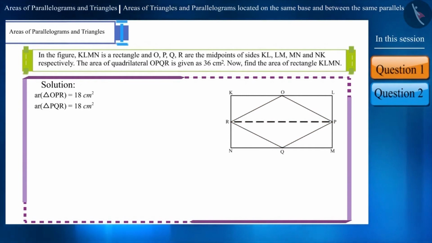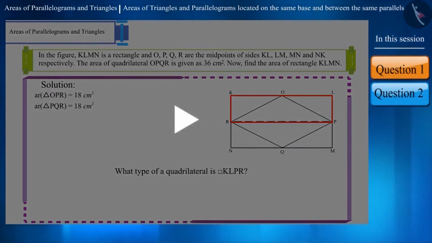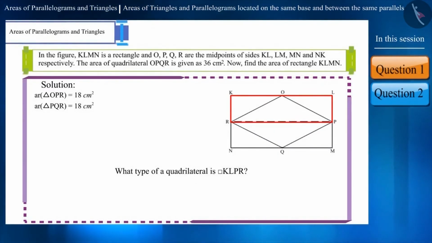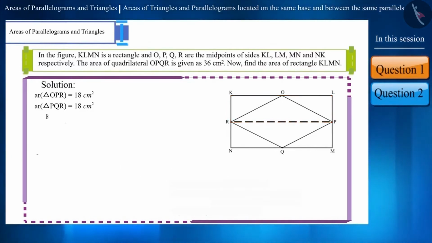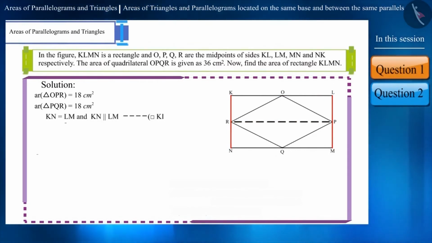Friends, now if we look at quadrilateral KLPR, can you tell what kind of quadrilateral it is? Pause the video and think about it. Friends, this will also be a rectangle, or let's say a parallelogram. It is given that KN is equal to LM and KN is parallel to LM because quadrilateral KLMN is a rectangle.